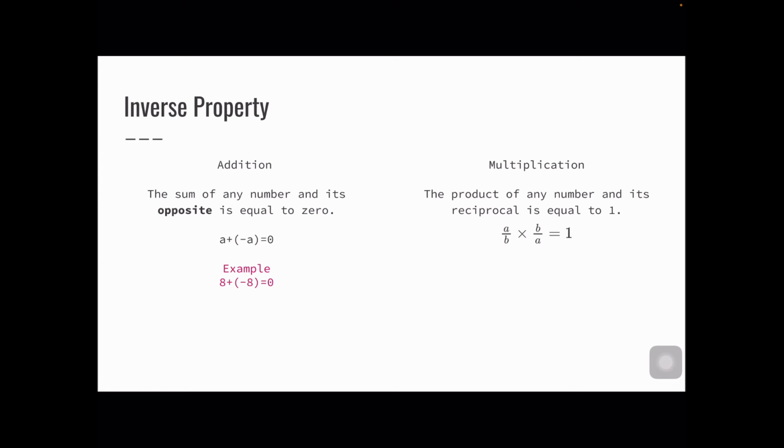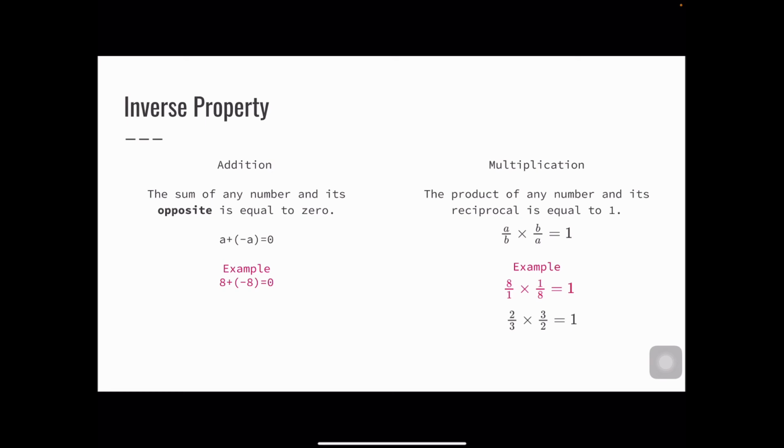Now, when it comes to the inverse property of multiplication, this property tells us that the product of any number and its reciprocal is equal to 1. The reciprocal of a number is basically that number flipped around. So if I have A over B, for example, the reciprocal of that number is just B over A. So I took that fraction and just flipped it. And when I multiply those two things, that's going to give me 1.